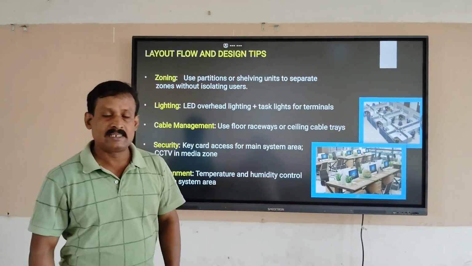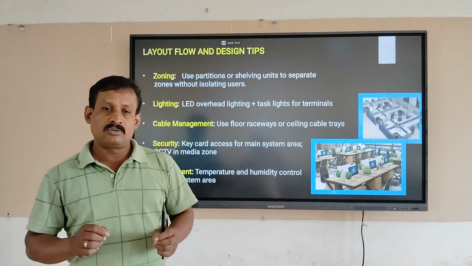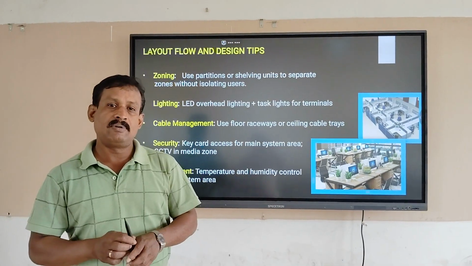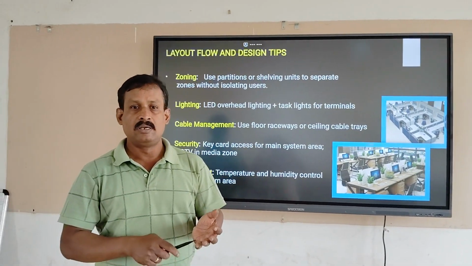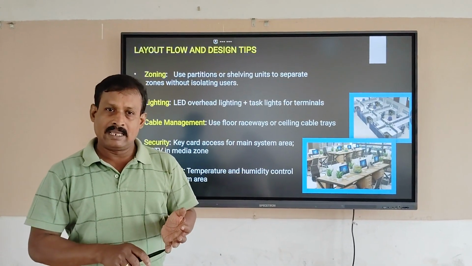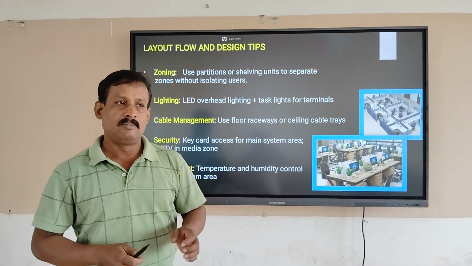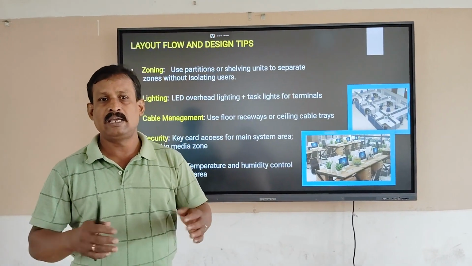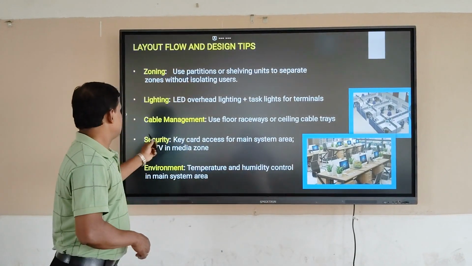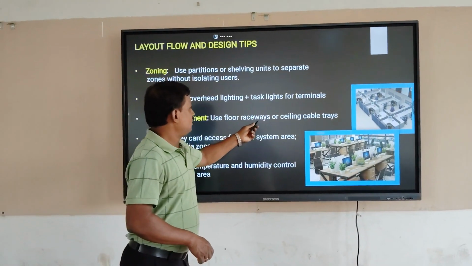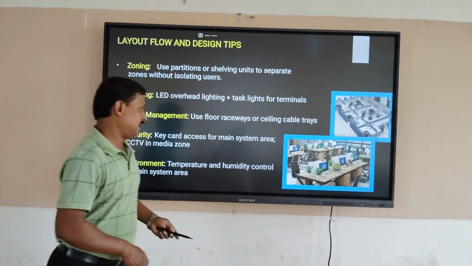Cable management means how we connect different cables, like power cable, VGA cable, LAN cable. हम उसको हाइड करके रखेंगे या ऐसे ओपन छोड़ देंगे. So इसके लिए use floor or ceiling cable trays.